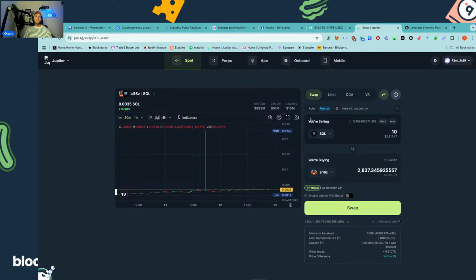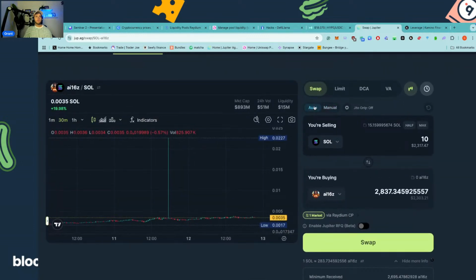Right. So first of all, we've got basic swap. But then we've also got the aspect of auto and manual. Auto is basically, just as the name says on the tin, going to look after all the settings for you.